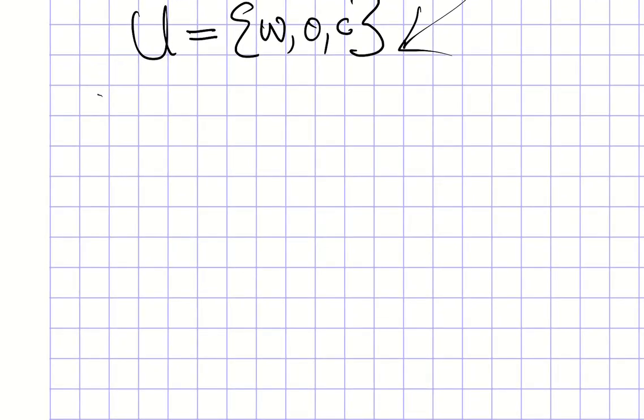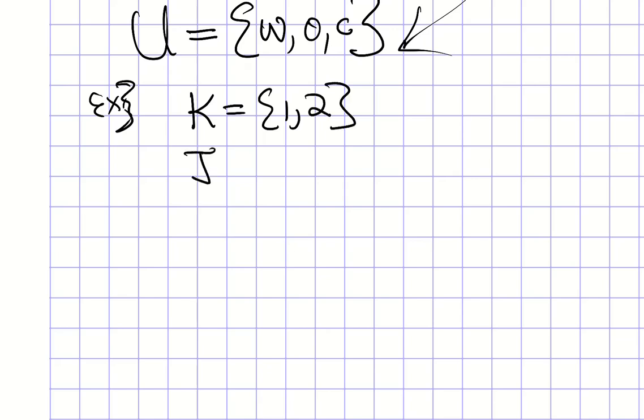Let me give you another example. Something is wrong with my pen. That's okay, I'll change the lead. Let's say this is a set right there. And then let's say this is another set right there, containing two elements. The first set contains two elements, right? Now notice that those are natural numbers.